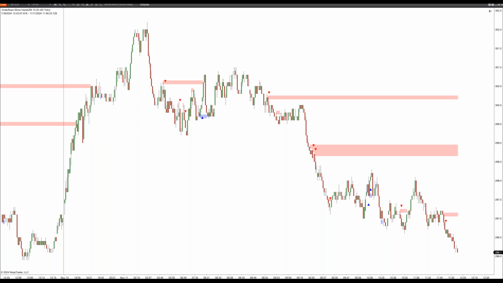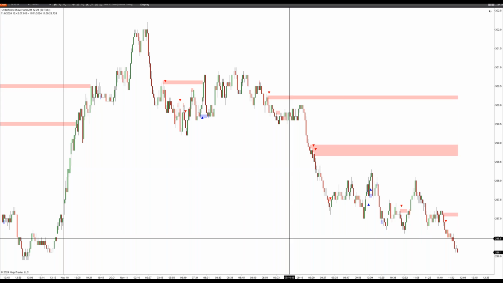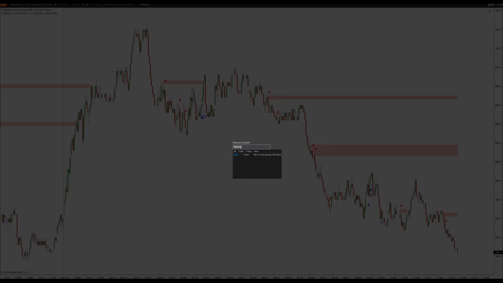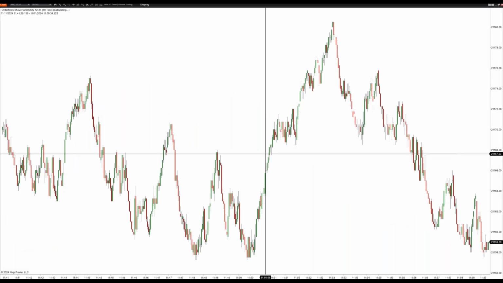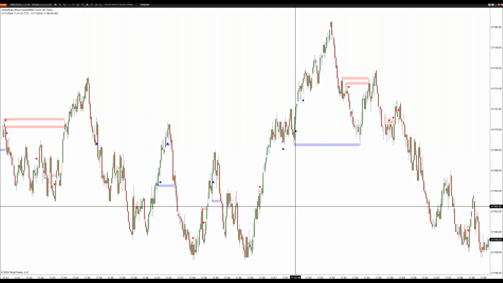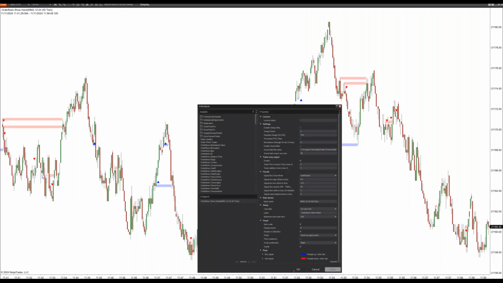Let's see here. NQ, MNQ, similar. So I'll just throw up MNQ. Okay, and I believe these are the default settings here, 150 and 6.